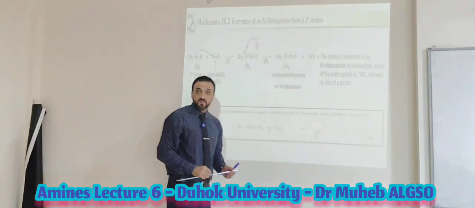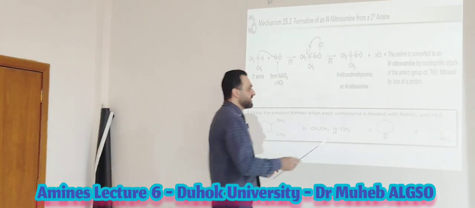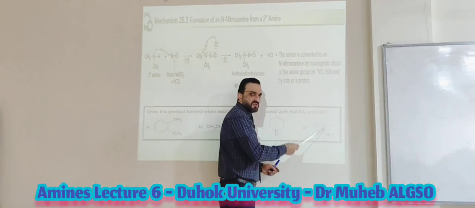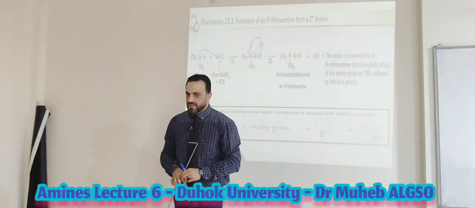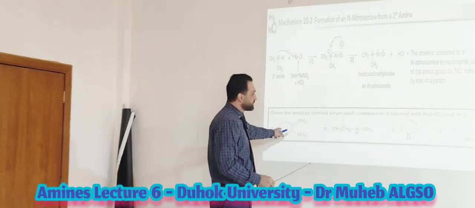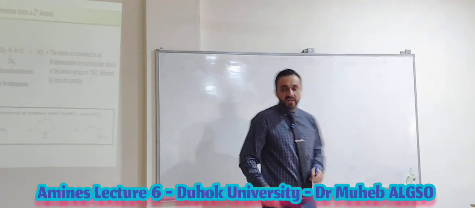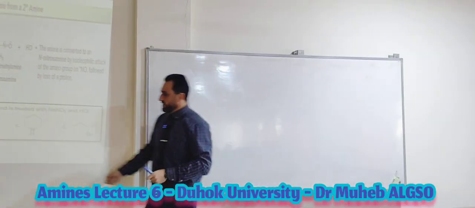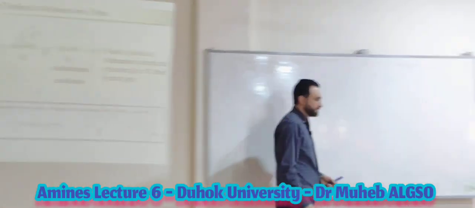Yes, it just gives you the carbocation as an intermediate, and the carbocation can enter elimination to give alkene, substitution, and give many compounds. But the main intermediate is the carbocation. Do you understand? This is homework for you. Write the product when this compound reacts with NaNO2/HCl.